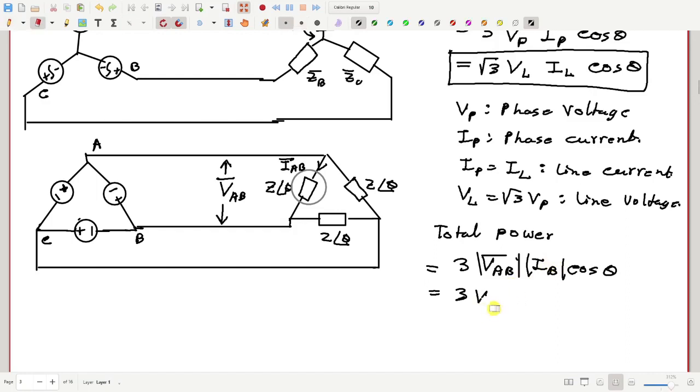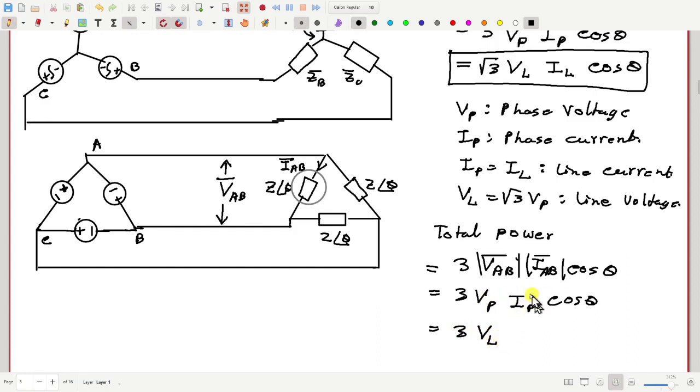Let me first write this as VAB, which is also the phase voltage. Then IAB is the phase current, cos theta. But now phase voltage and line voltage are the same, so in place of VP I can write VL.